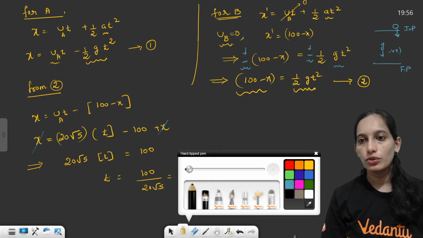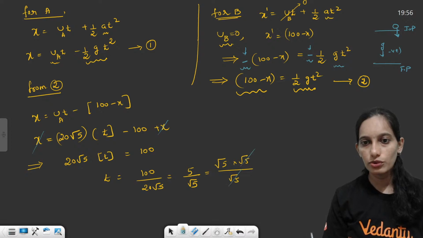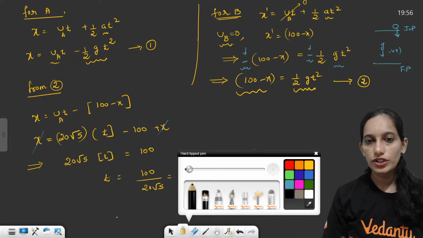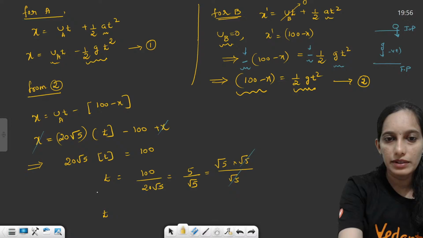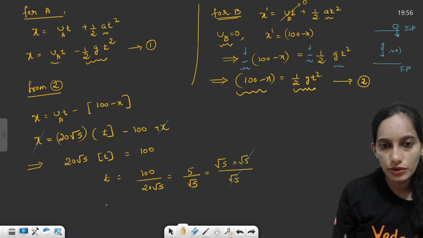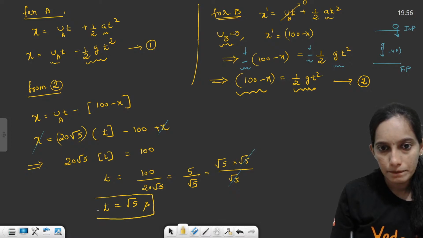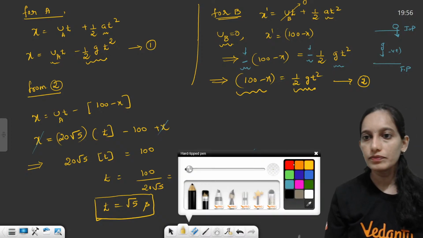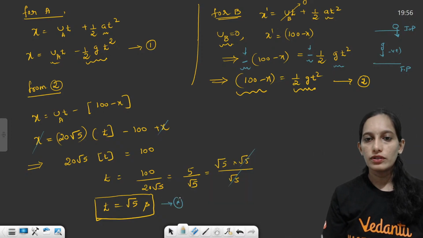So again we can cancel this root 5 with one root 5, and we just get t is equal to root 5 seconds. Okay, so this is how we solve for time.